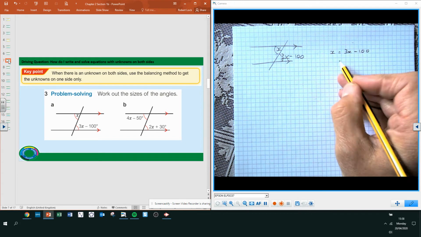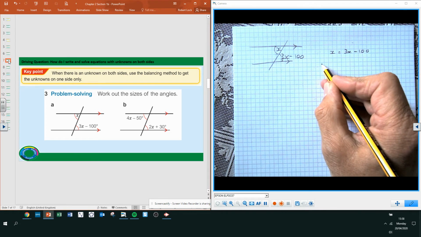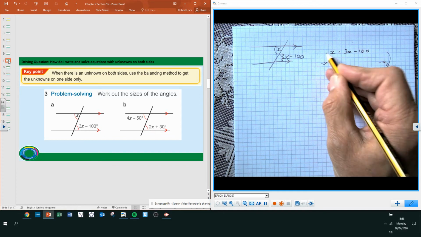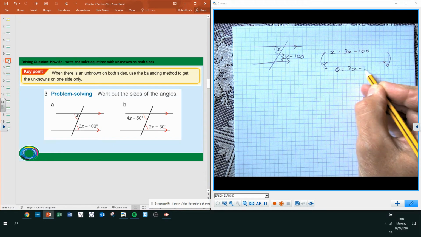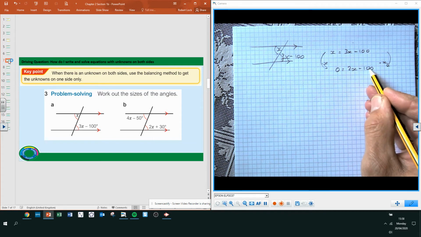So what's x? Here, the smaller number from the bigger number, so minus x on both sides. 0 equals 2x minus 100. Add 100 both sides.